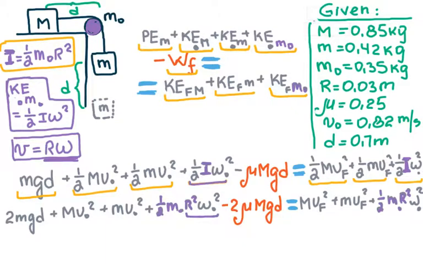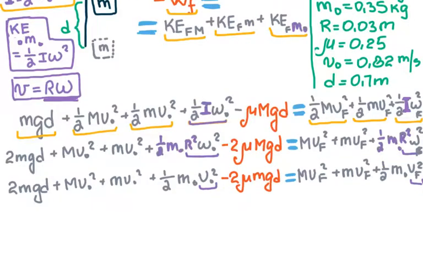So instead of having r times omega, this one is final. So this one is the final for us, not initial. So that means final. And instead of having r omega, I can just write v. So my next step is going to be to replace r omega with v. So here I replaced r omega, the one that I had above, with v sub 0 because v is equal to r omega.